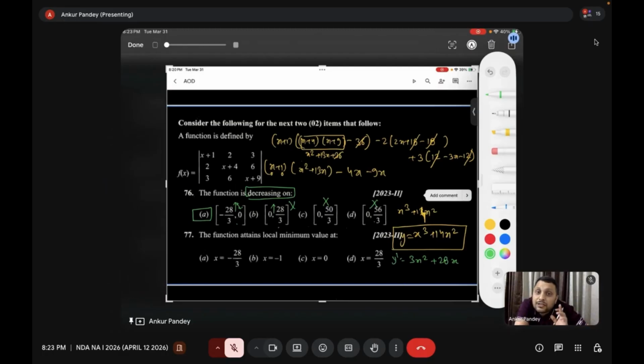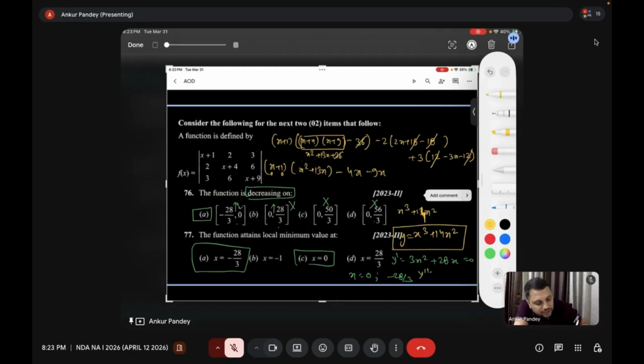The function attains local minimum value at. So we know that it has two critical points. When I put it equal to 0, I'll get x equal to 0 or x equal to negative 28 by 3. Both. These two are the critical points, but we do not know whether they are maxima or minima. So for that we will redifferentiate.